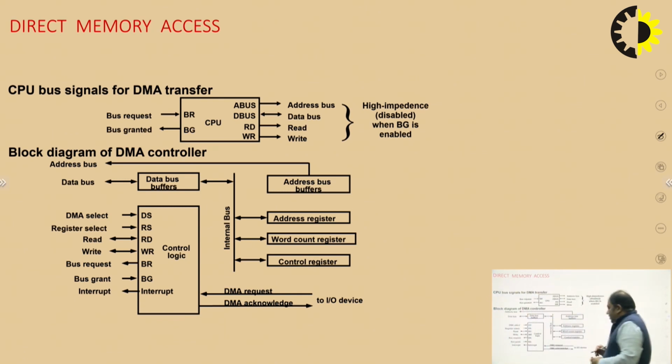From the peripheral device, we do two things: one is DMA request and another is DMA acknowledgement. In the control unit, one is DMA select, meaning direct memory access select, on which register, then read and write operations, then bus request and bus grant. The bus grant is given by the CPU, which I will show in the DMA transfer image, and the interrupt.